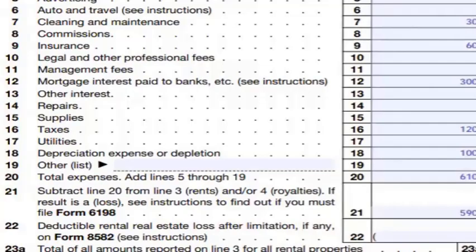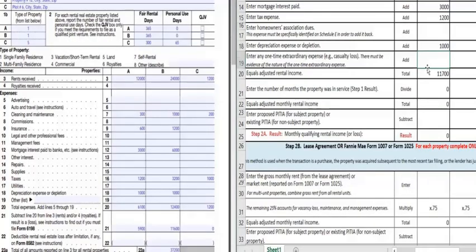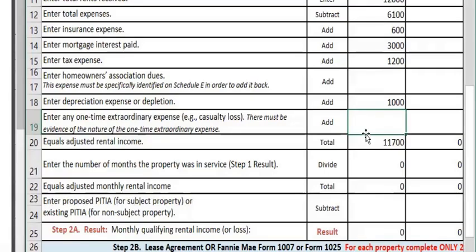Enter depreciation expense or depletion. Do we have any depreciation in this? Yes, 1,000, right? Enter any one-time extraordinary expense, similar to Schedule C. Remember in Schedule C, if there is anything one-time in the property, like some repair done this year that is not going to recur next year, it is not a recurring expense.